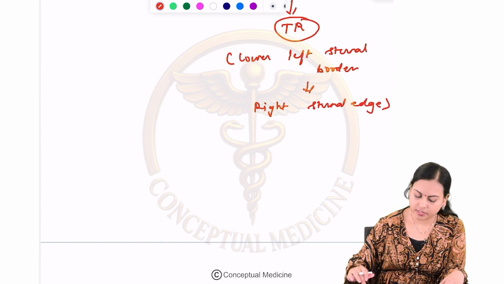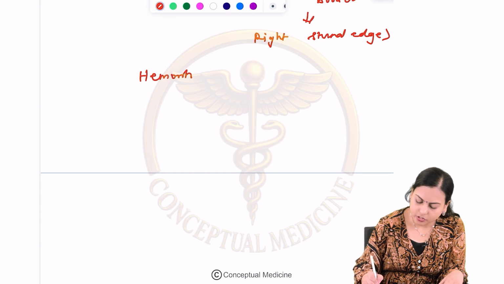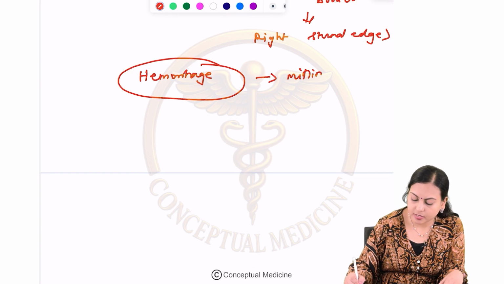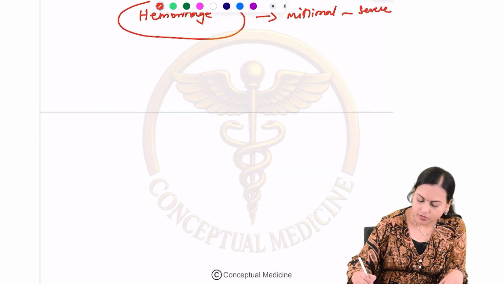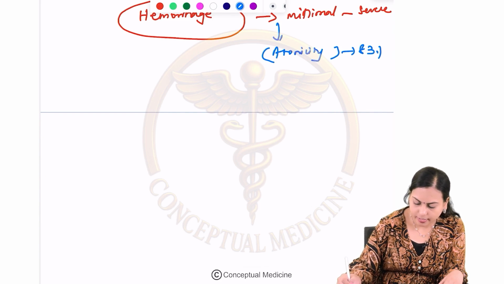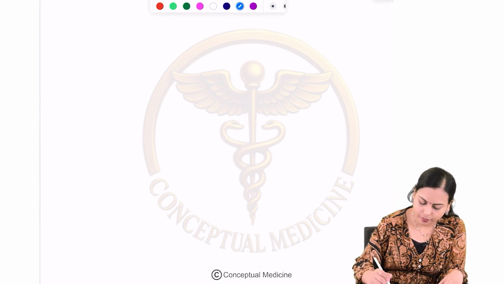Clear? Yes. And bleeding or hemorrhage can also happen. Sometimes it can be minimal, sometimes it can be severe also. Because of atonicity of the uterus, this is going to be around 83% of the cause for hemorrhage in case of amniotic fluid embolism.